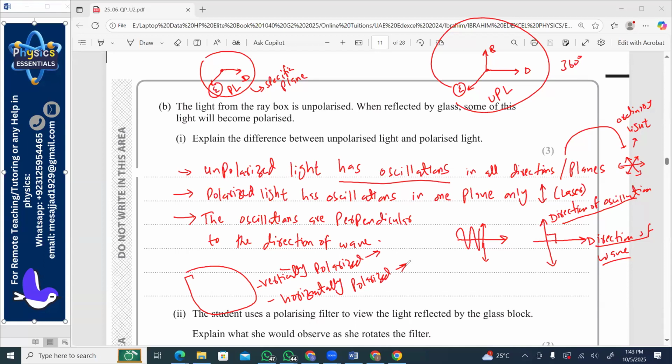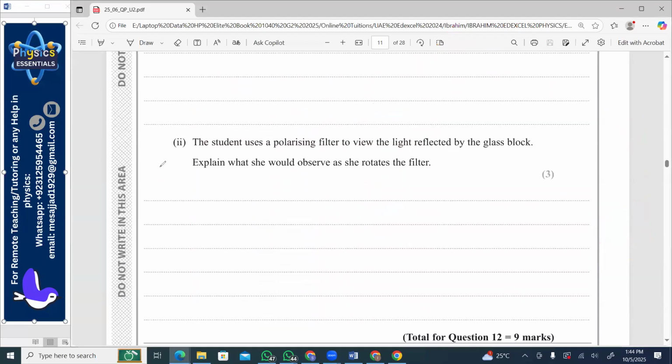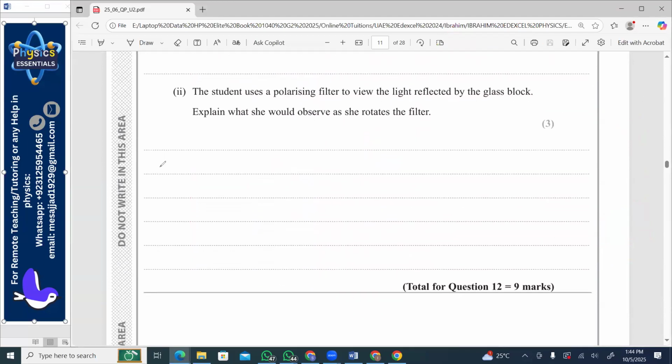These are the 3 points, but everything else is the side knowledge just for your concept to get cleared about polarization.